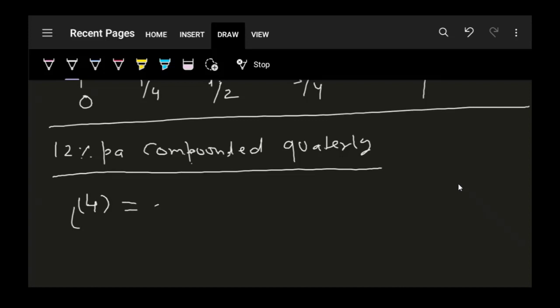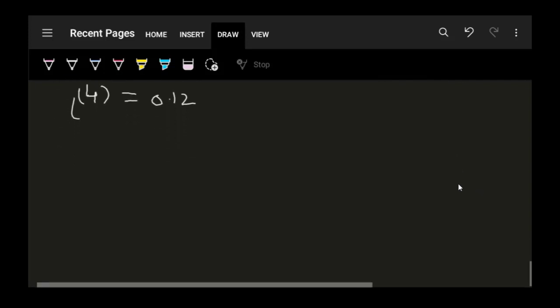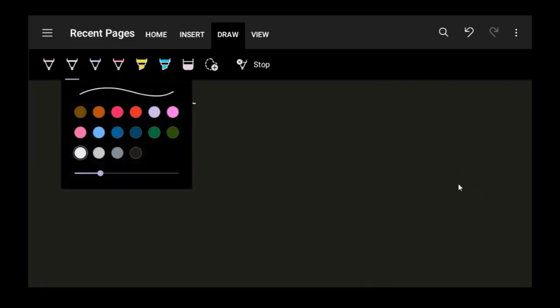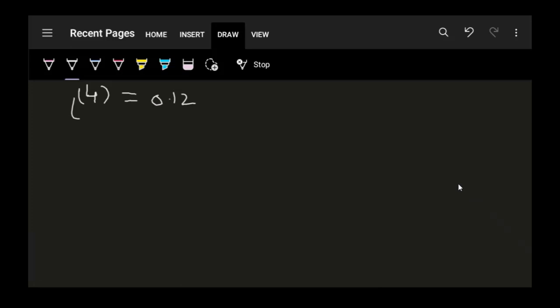These both things are equivalent. They both mean the same thing, that the 12% rate is actually a nominal rate, and I cannot directly multiply my amount at the starting of the year to get the amount at the end of the year. So this means that my nominal rate is 12%, and I will be charged interest 4 times.